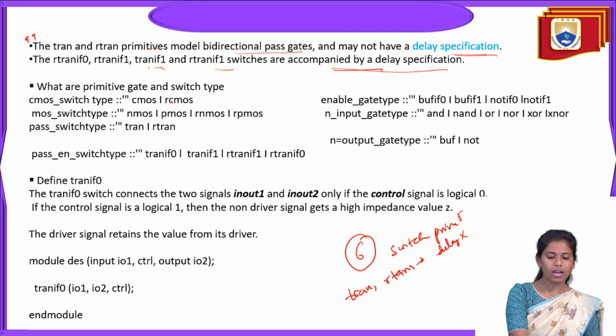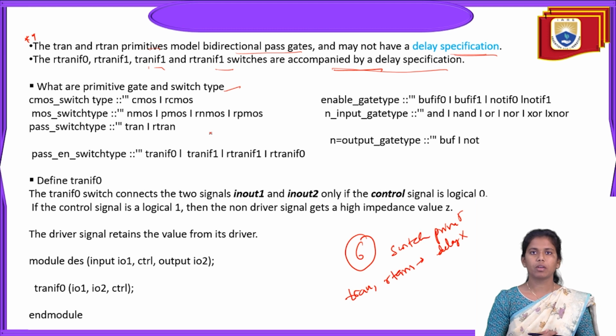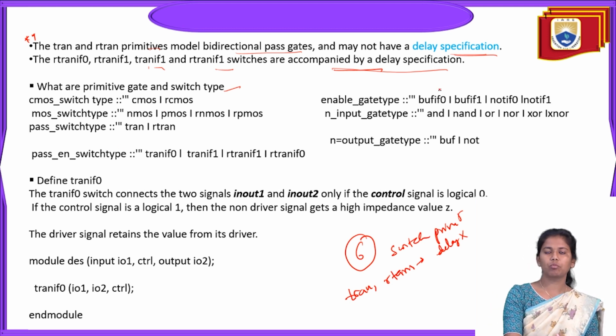Then what are the primitive gate and switch types? In the Verilog library, we have primitive gates and also switch types. Here the mentioned items are the gate types and the switch types.